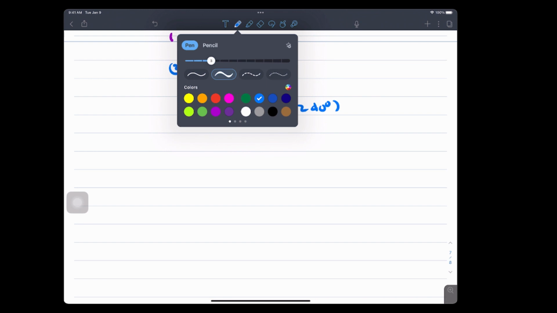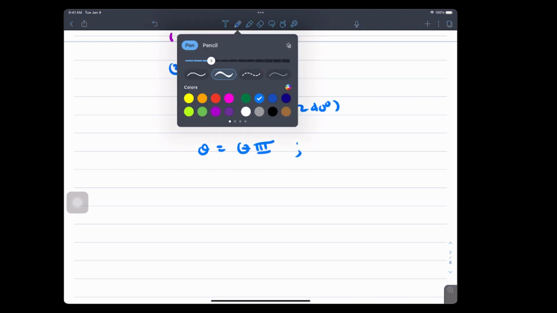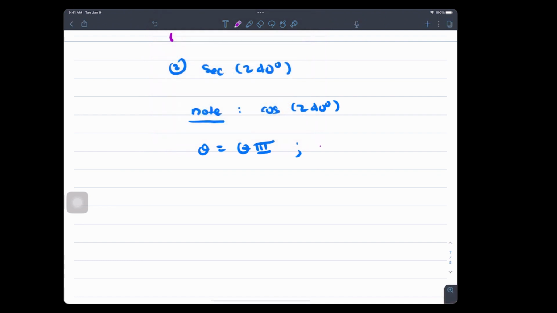Okay. So I'm going to put it in blue because we're talking about theta. If theta is in quadrant 3, your reference angle is going to be theta minus 180.